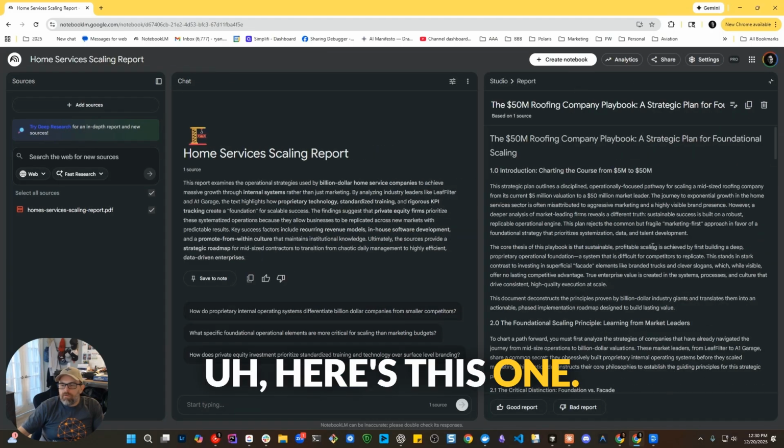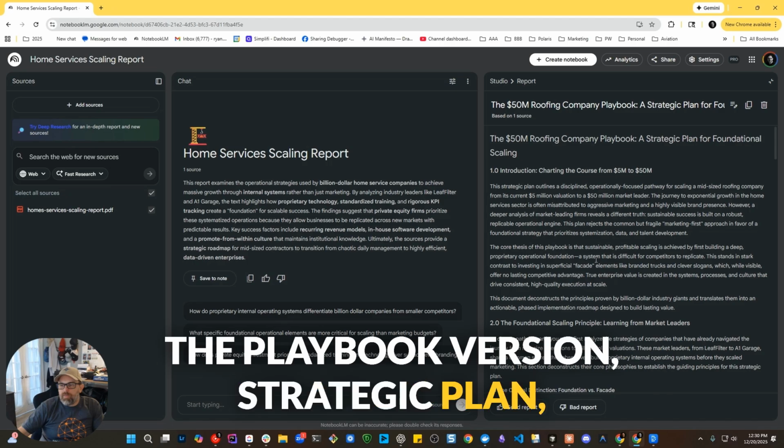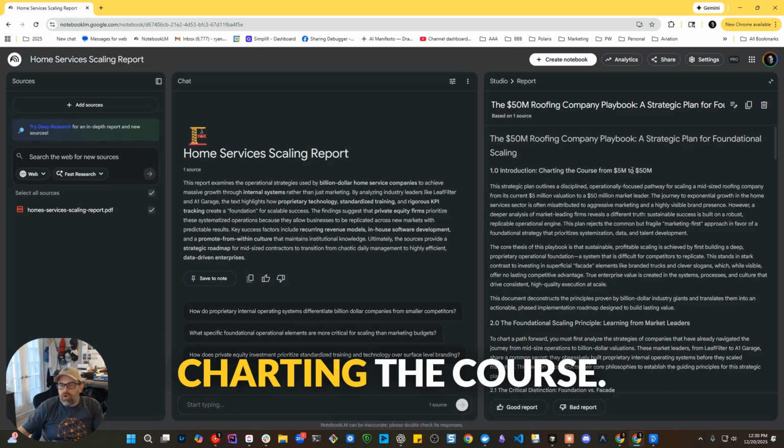Here's this one, the playbook version, strategic plan, charting the course.